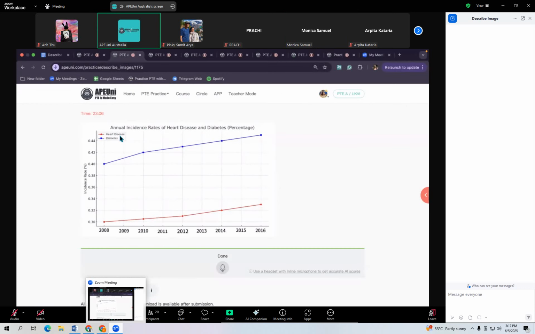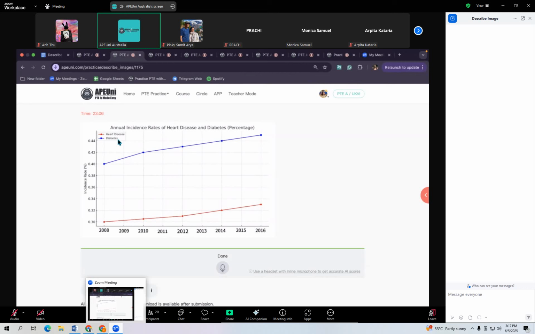Now, everybody, in your line graph, it's possible that you will get only 1 line representing just heart disease. Maybe you will get 2 lines representing heart disease and diabetes. Maybe you will get 3 lines representing heart disease, diabetes, cholesterol, right? So there can be 3, 4, 5, 1, 2, any number of lines.